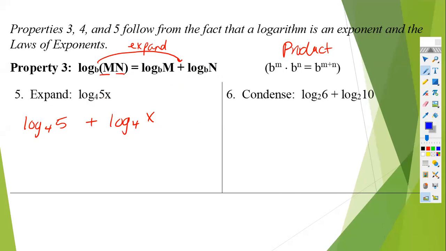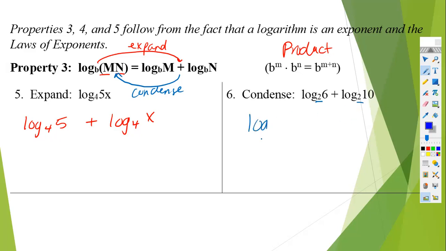All right, now we're gonna go the other way. So now, if I want to condense, I'm gonna pay attention to what I have. Since I'm adding the 2 logs, I can condense them by multiplying to make it into 1 log. So here, notice that the bases are the same.